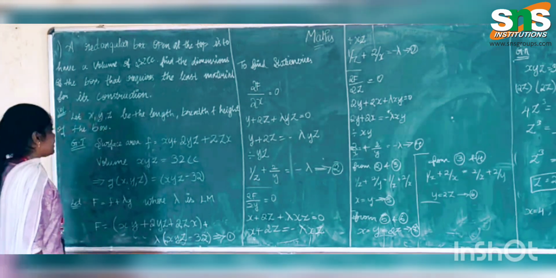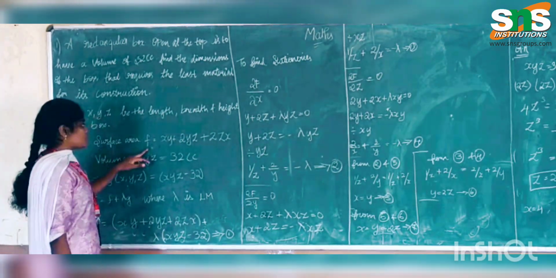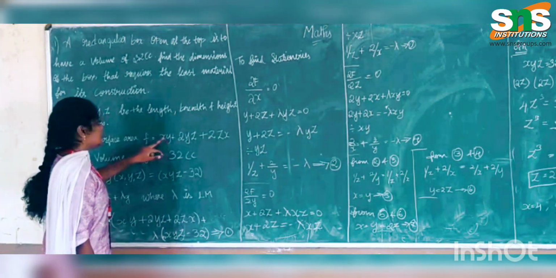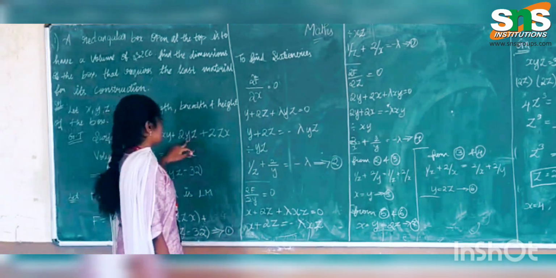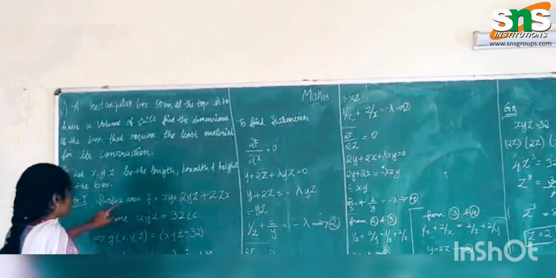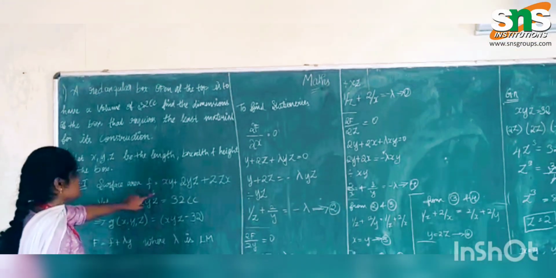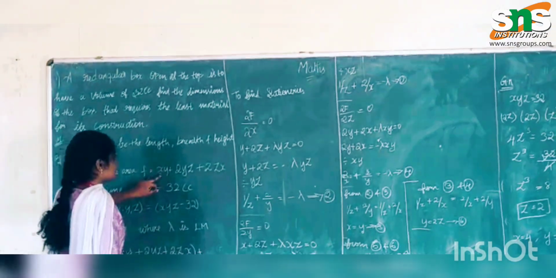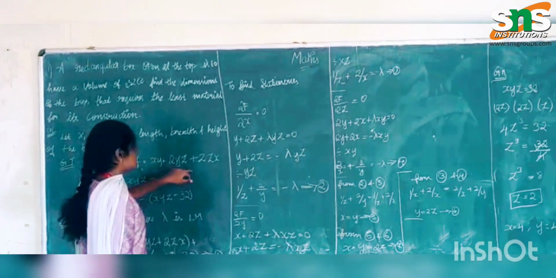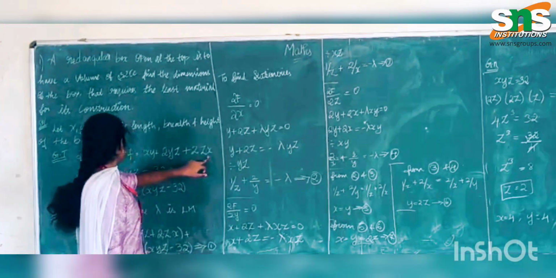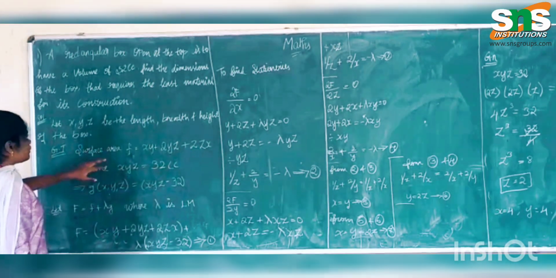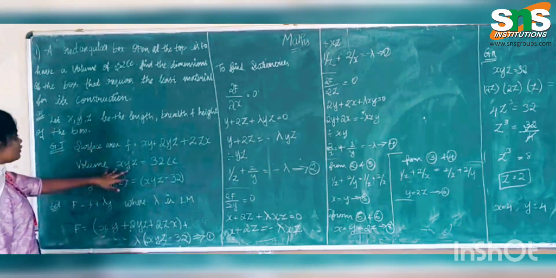Now we are taking the surface area formula, which is known as F is equal to xy plus 2yz plus 2zx. So we need to find the dimensions, right?